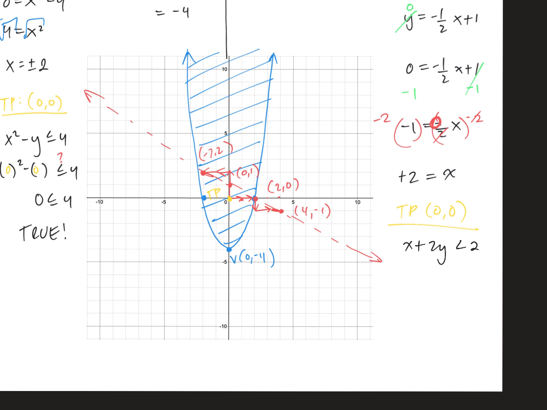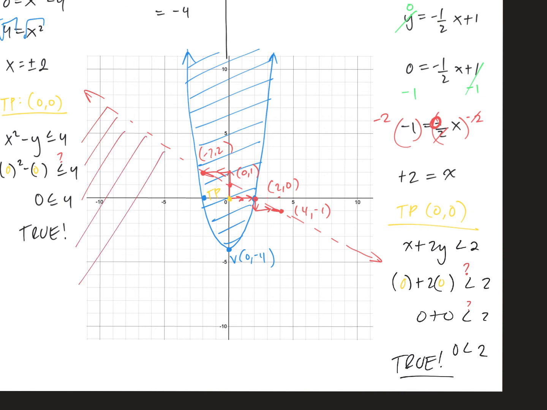And we're testing that with 0, 0. So once again, go ahead, plug in your points. We're testing, is this going to actually be less than 2? So plugging in 0 plus 0, is that less than 2? Yes, 0 is less than 2. This is true. So because 0 is less than 2, we'll go ahead and shade the side that our test point came from. So which side is that? That's going to be this bottom side here.